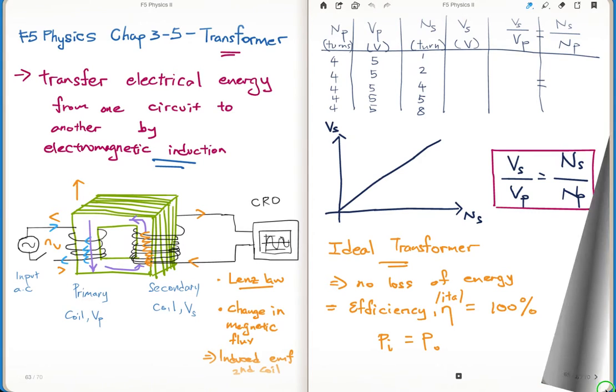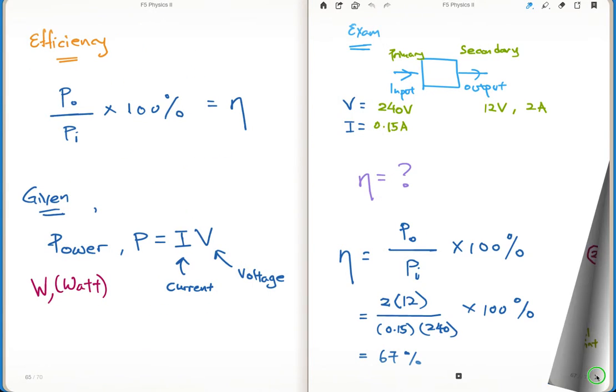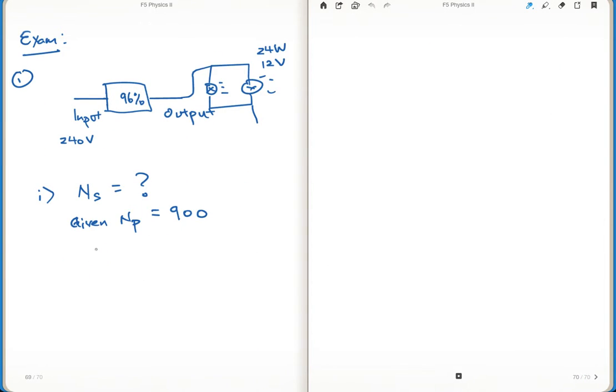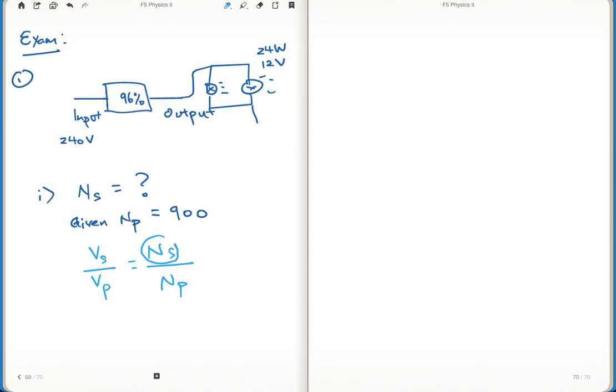Secondary, we talk about secondary, it's all about output. So for this kind of question, Vs over Vp is actually Ns over Np. Since this is what you need to look for, you always start out with an equation, and from the equation you are able to find out which one to use.